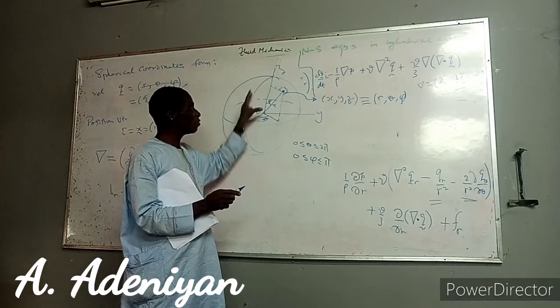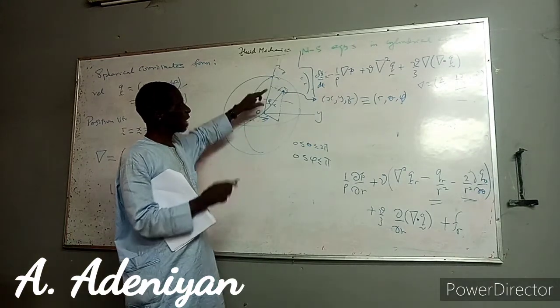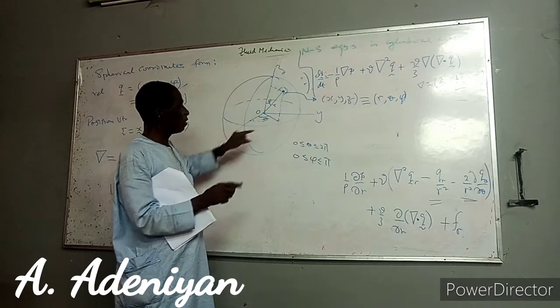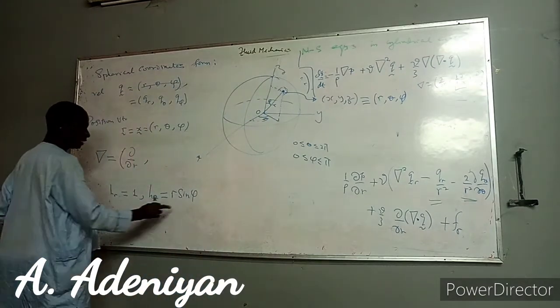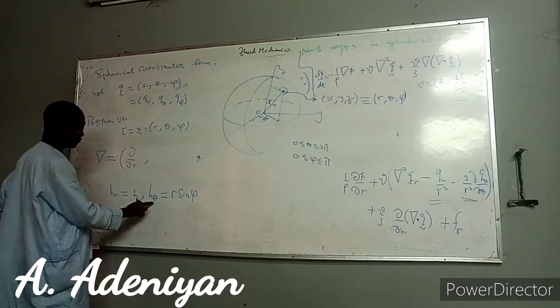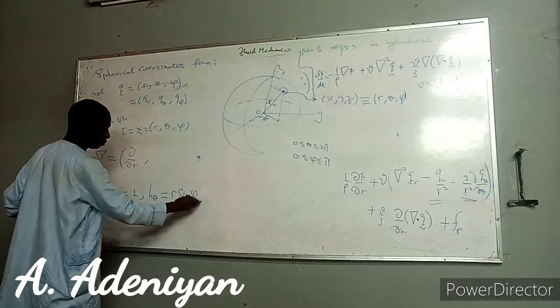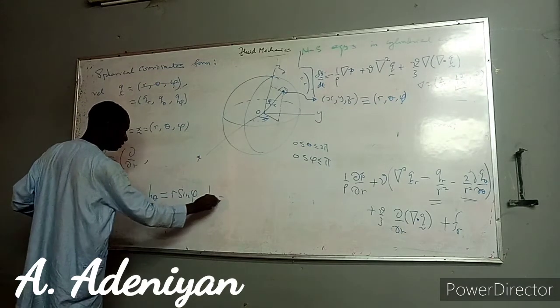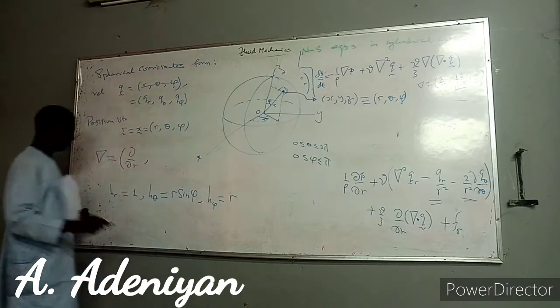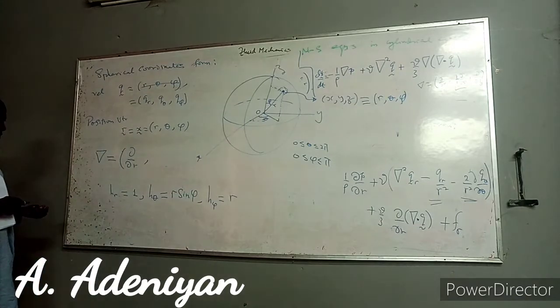It is easier to explain the way I said, that this one stands for latitude and the other is like longitude. So in that wise, if they tell you to put this one as h_phi equal to r sin theta, don't bother. And the last one, h along that, is r.